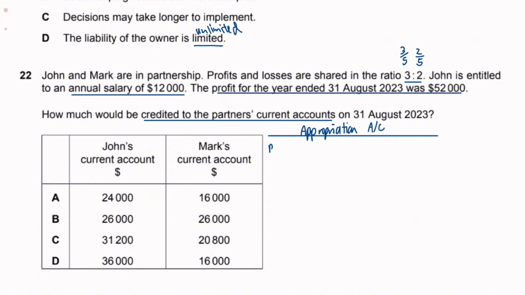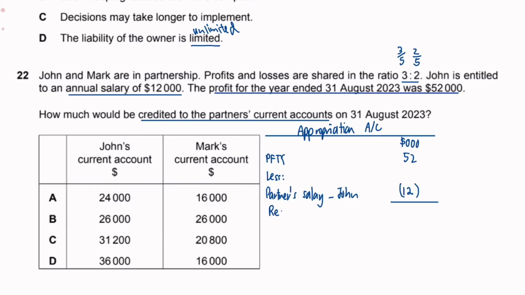First you will start with your profit for the year, 52,000. There's no interest on drawings. Then continue. Less partner salary. So John, 12,000. There's no interest on capital. So this is the residual profit.